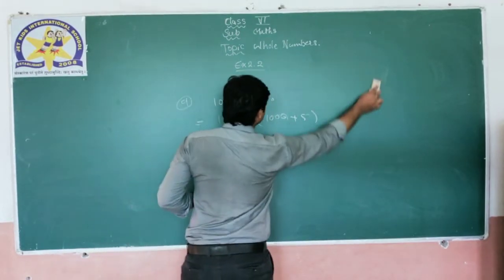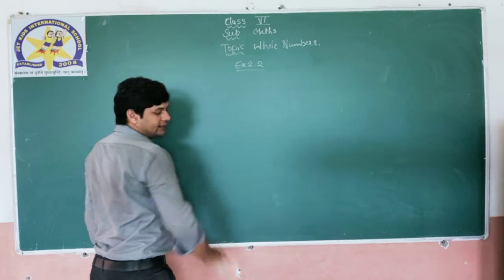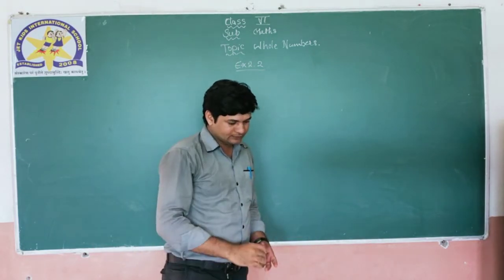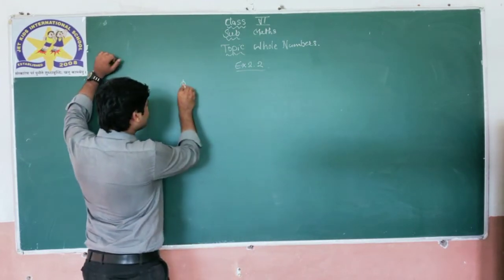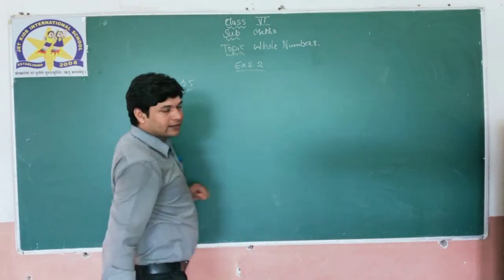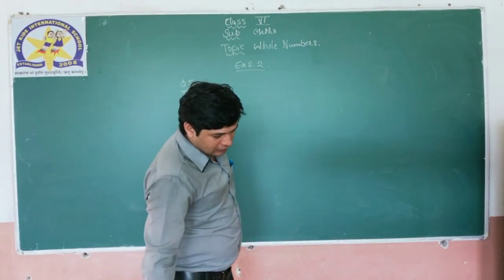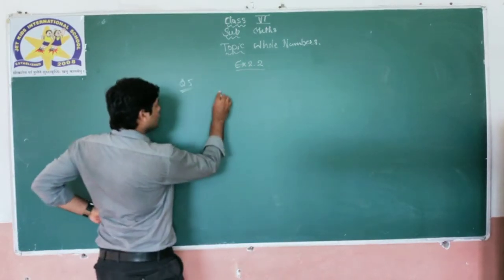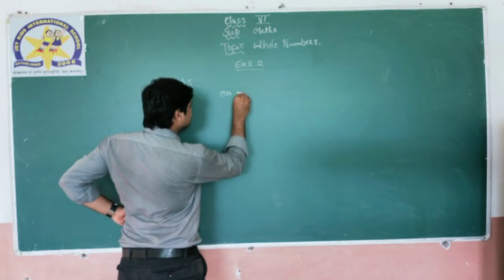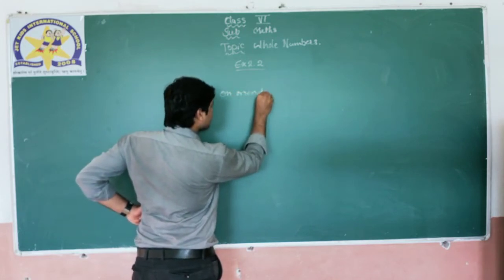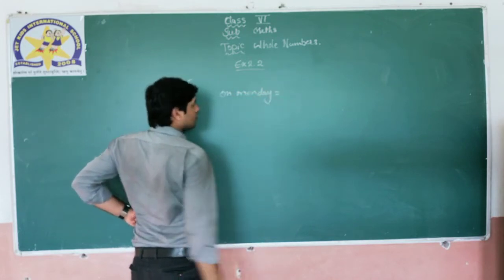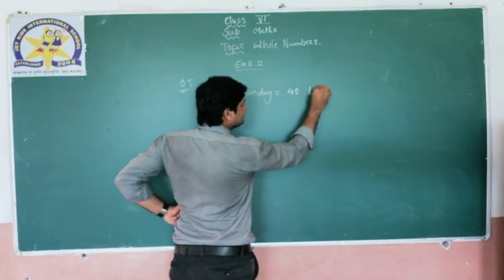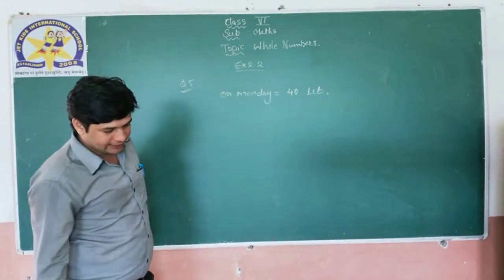Next is question number 5, a word problem about diesel and petrol price. A taxi driver filled his car's petrol tank with 40 liters on Monday.